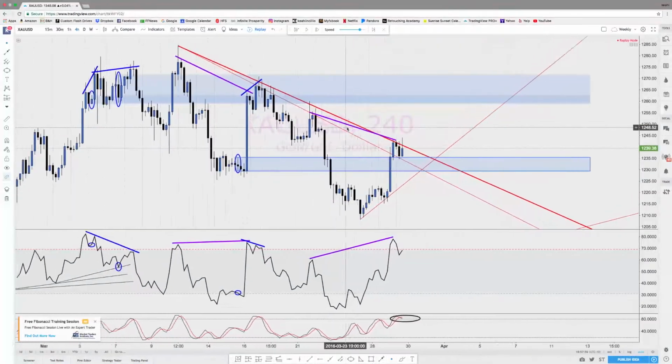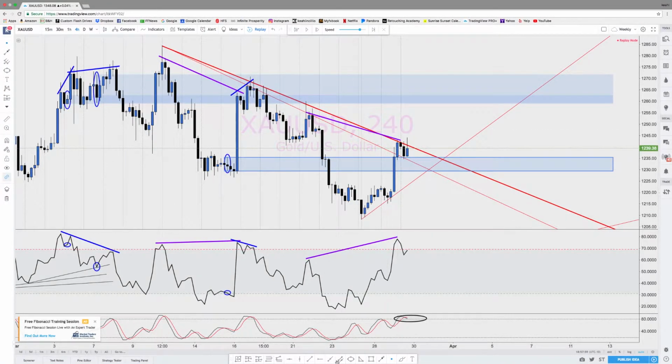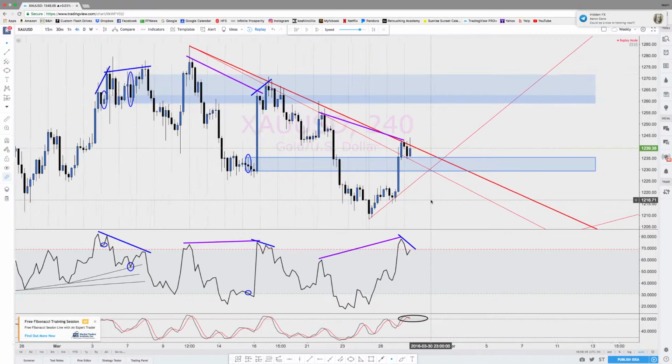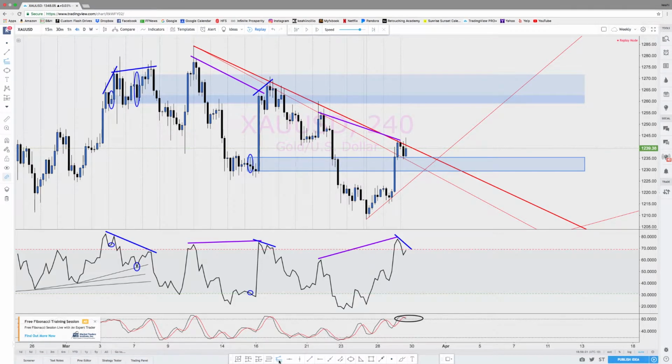So I'm gonna put a fib on this potential bearish regular divergence that I see forming there. I'm gonna put a trend-based Fibonacci extension on this potential M that's forming on my RSI, and the potential M that's forming on price action.